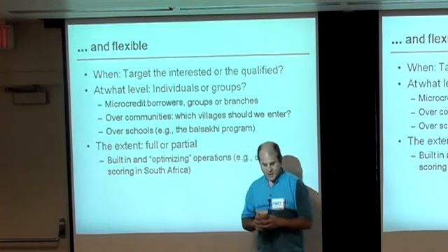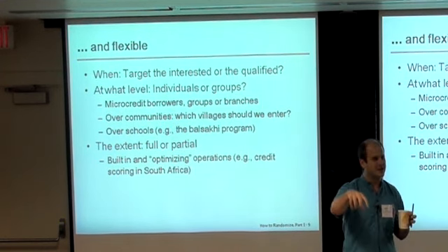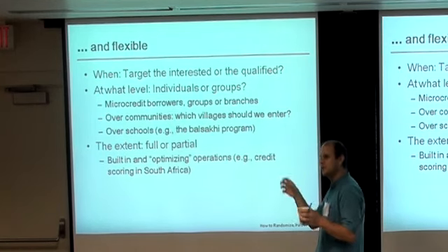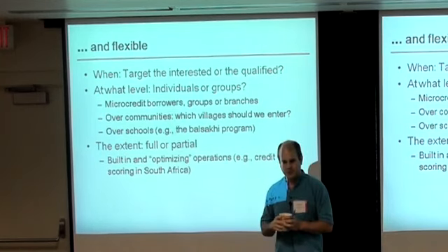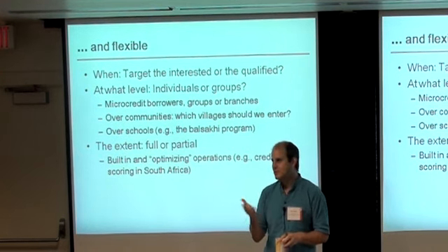If you're building wells, for instance, this is actually a treatment that's really being done at the village, not the individual. There might be some individuals who live closer to the well and others further, but you're really choosing a village and building wells. And so the lottery system is flexible in this way.